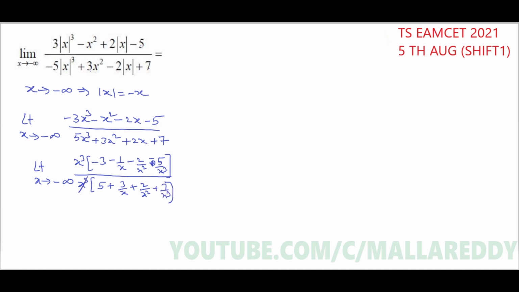Here x cube cancels. That is equal to limit x tends to infinity of (minus 3 minus 1 by x minus 2 by x square minus 5 by x cube) by (5 plus 3 by x plus 2 by x square plus 7 by x cube).